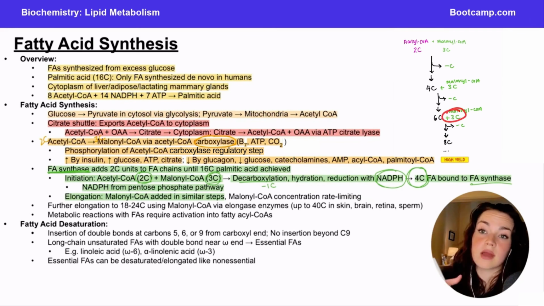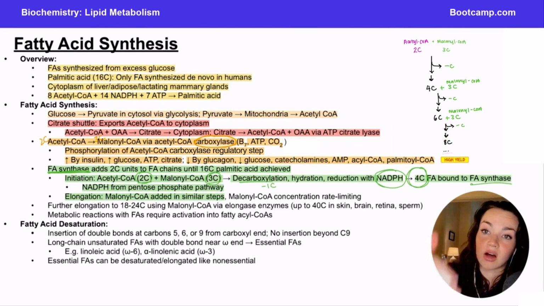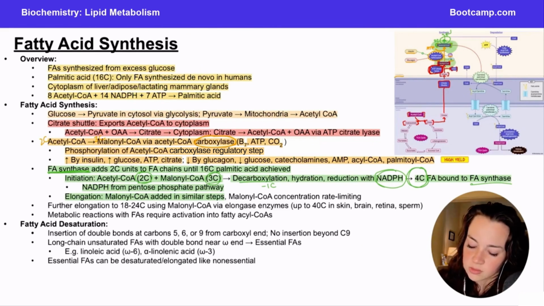And then we'll take another malonyl CoA and add it on and decarboxylate and do all the other stuff, and then it'll be 8 carbons. So you keep going and adding on 2 carbons each time, right? So of the 3 carbons in the malonyl CoA, only 2 of them are getting added onto the chain each time, because one of the steps is a decarboxylation step.